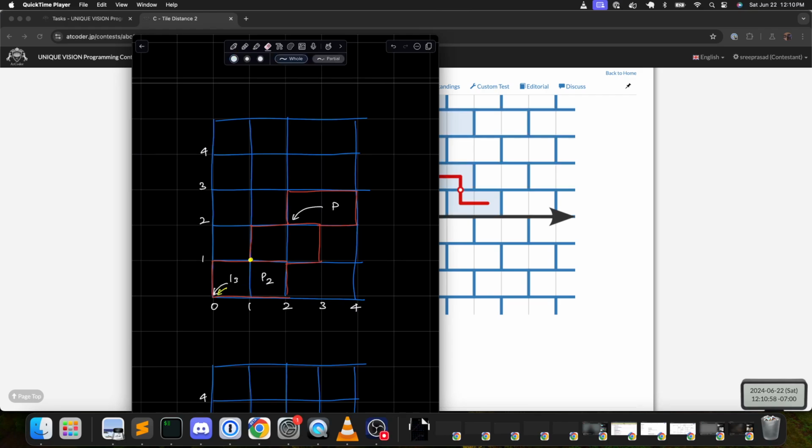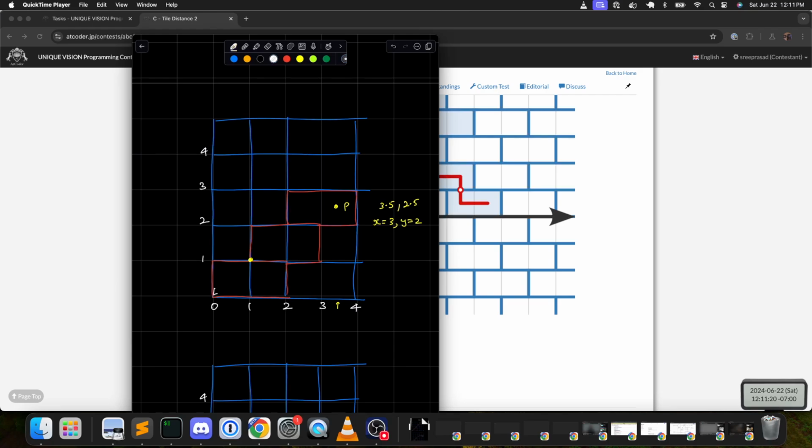So how do you know the starting position of the brick? For that, let's say you have a point P over here. This P is actually 3.5, 2.5. So you can see x is basically 3 and y is 2.